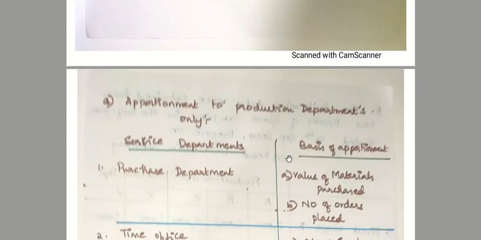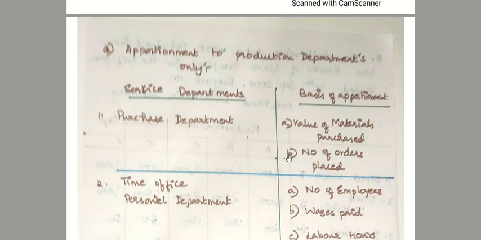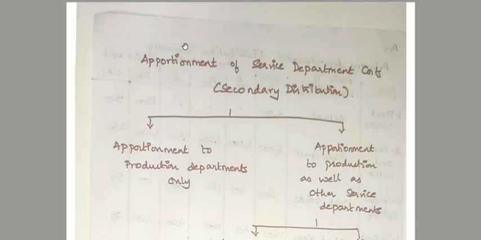So moving on to the apportionment to production department only. Why we do secondary distribution is in order to charge the overhead to cost units, and no cost units should be passed through service departments.